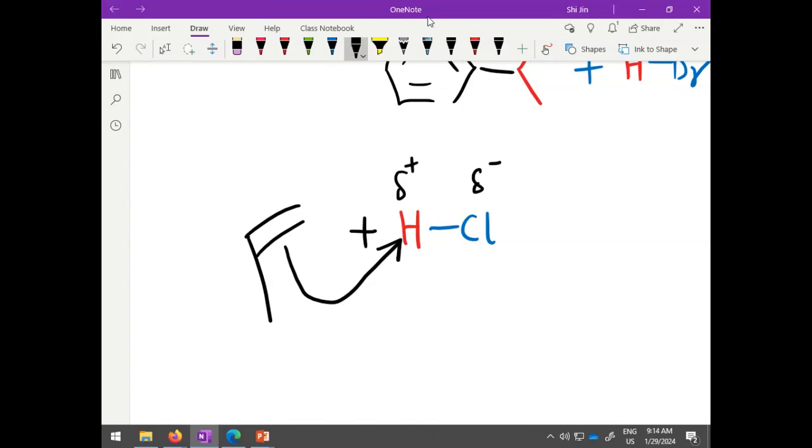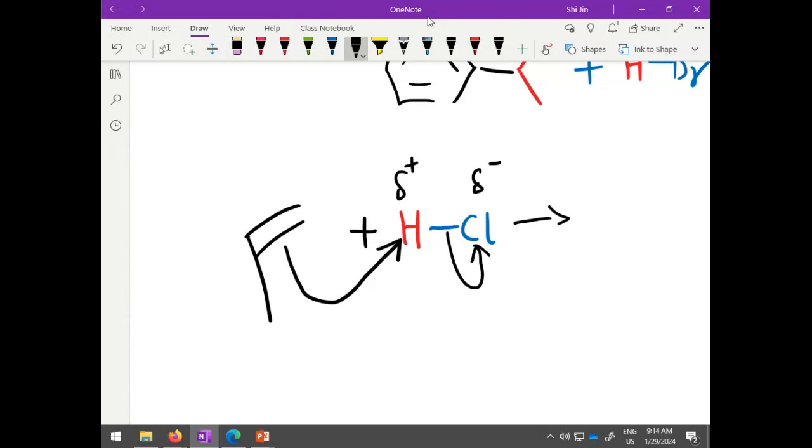Here the negatively charged electron is just the pi electron. So this is a pair of electrons. The original pi bonding pair, as this curved arrow shows, becomes the bonding pair between one of those two carbons and this hydrogen. And hydrogen, based on the octet rule, if it's bonded to something else, then the bond to chlorine has to come out.